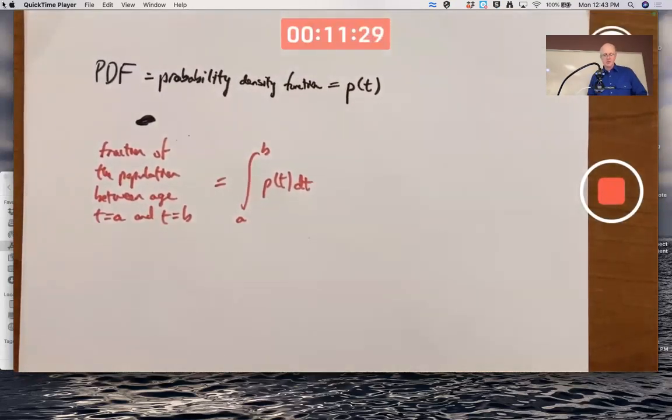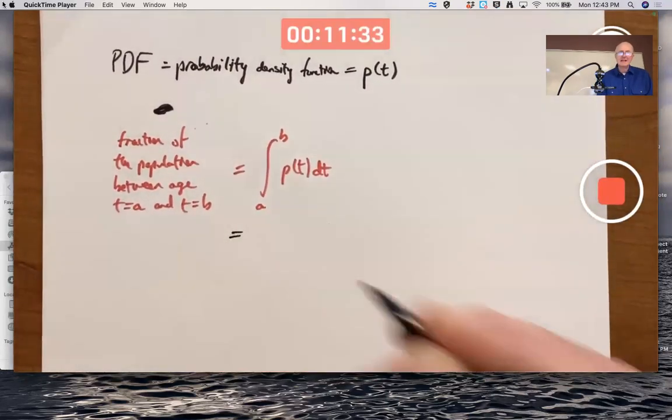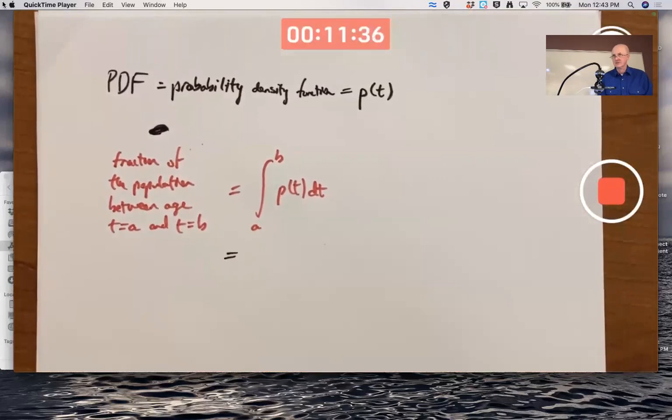But there's a second way to interpret this integral. You could also think of this as a probability. That's why it's called the probability density function.